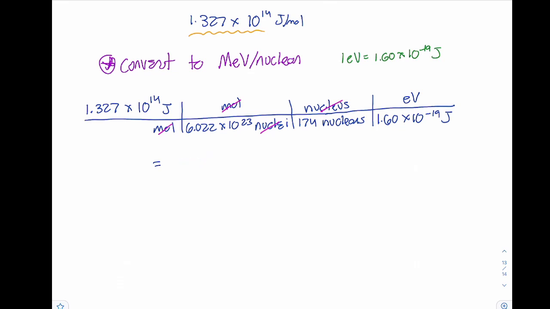So let me do it one more time here, since I don't have you to check my work. Yeah, I got the same thing this time, so we're going to go with it. 79,151,5,183. And right now these joules canceled, so my units right now are electron volts per nucleon.